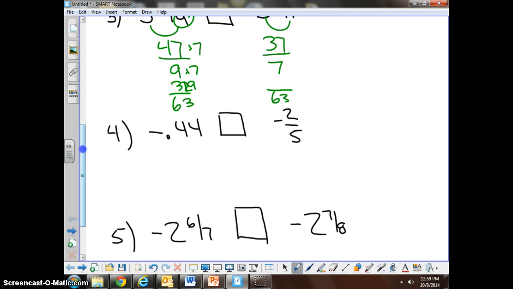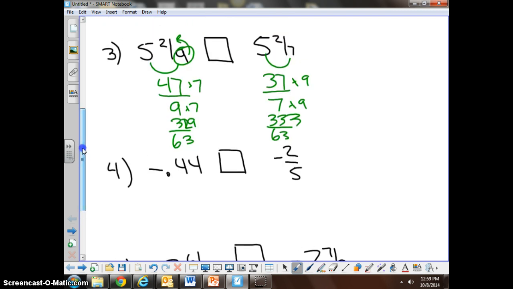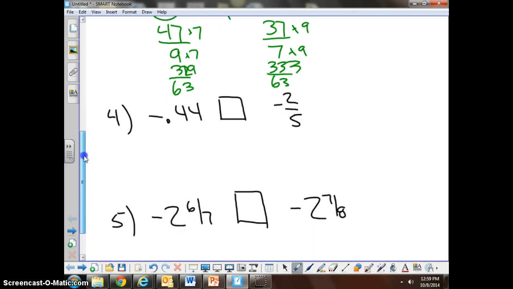And then 37/7 would be 9 times 37, because 7 times 9 is 63. And 37 times 9 is, go ahead, Pete. 333. So we now have 329/63rds and we have 333/63rds. We know ultimately, if we go up to our original problem, that 5 2/7 is bigger than 5 2/9. Here is our evidence. And I am going to ask you to show your evidence.